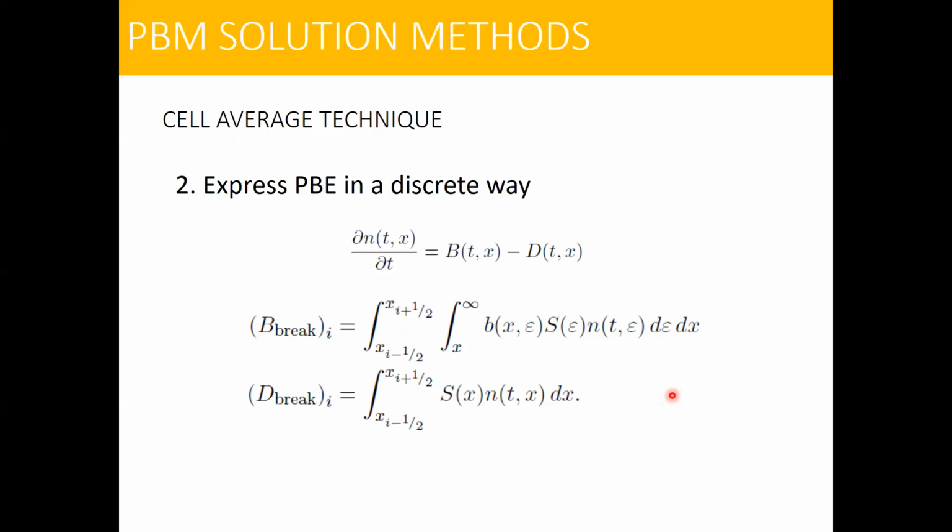In this example, pure breakage was assumed. Therefore, our population balance equation is reduced to this initial expression.